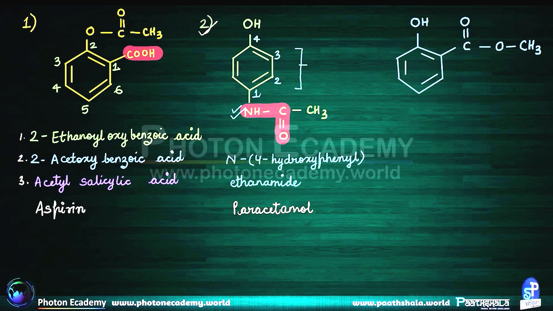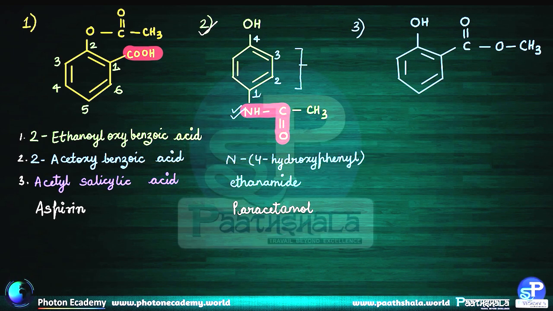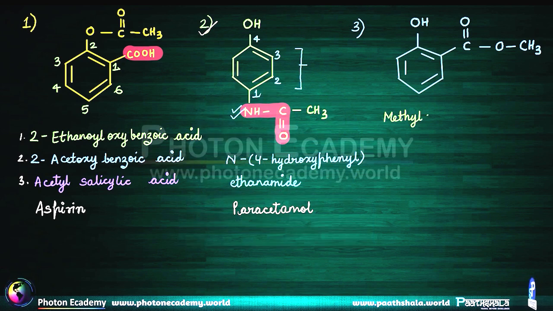In the third one that is in front of us, we have this particular ring, and when we start naming this, the IUPAC name comes out to be methyl 2-hydroxy benzoate.